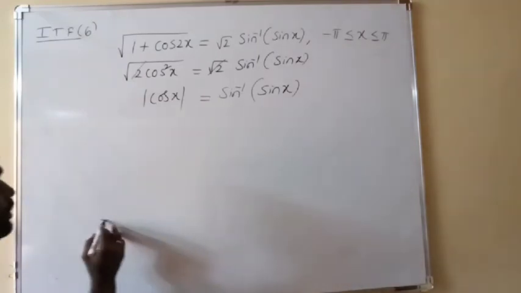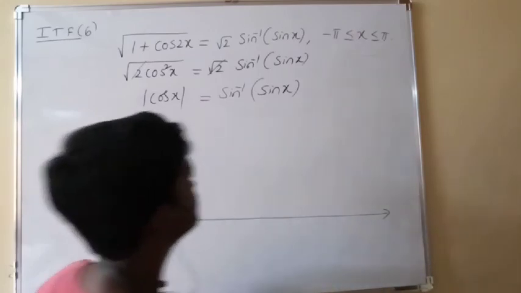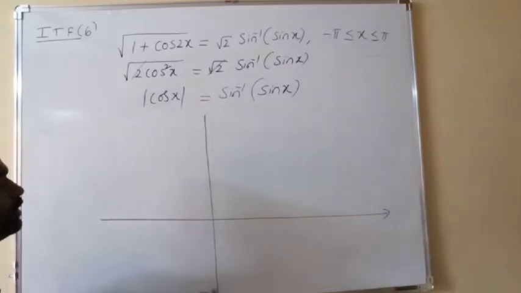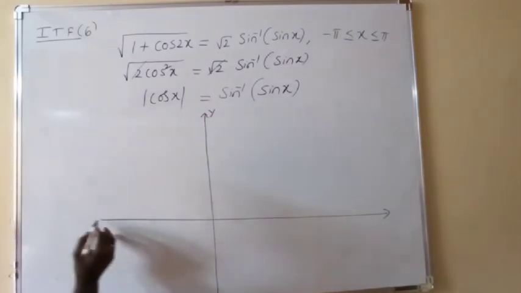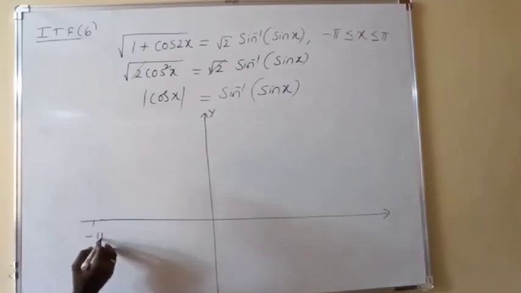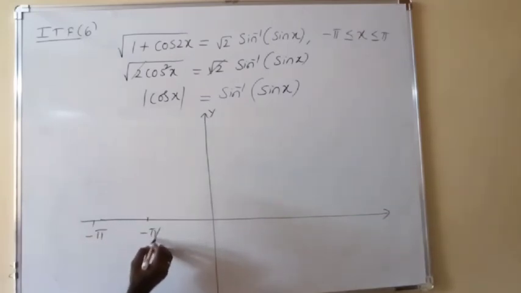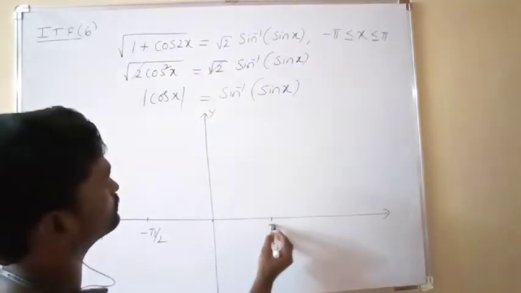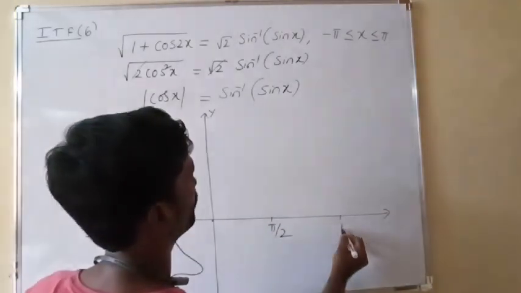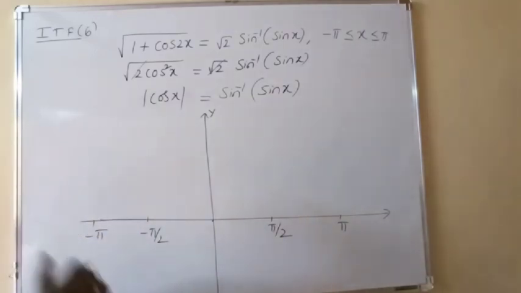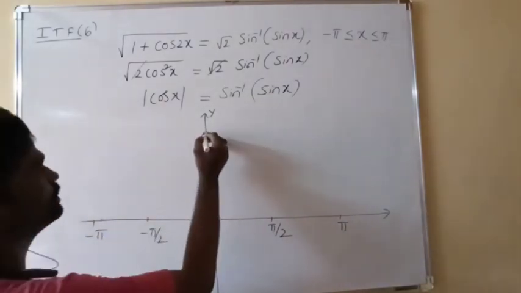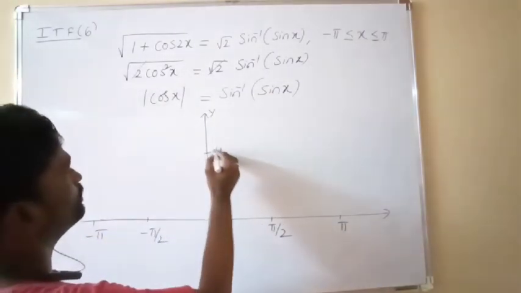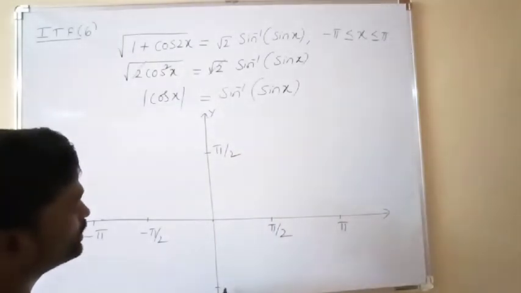Now draw the graph of both functions in the interval minus pi to plus pi. So the range of sine inverse of sine x is what? The closed interval minus pi by 2 comma plus pi by 2.